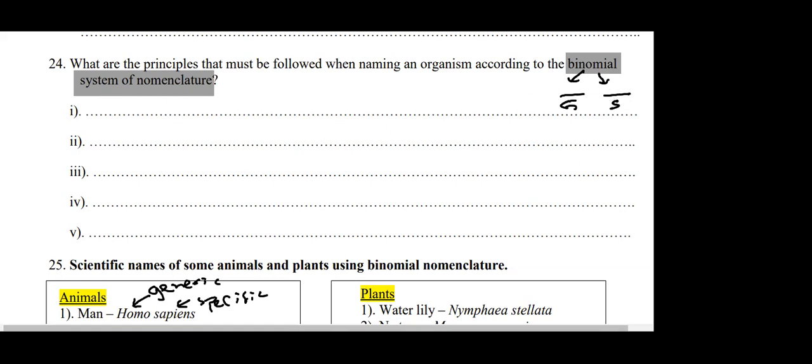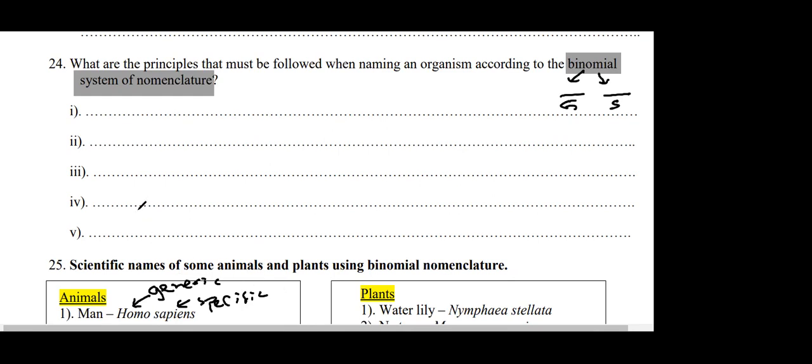When you are writing this name, there are some principles, some standards. One principle: the name should consist of two words, two proper nouns, and first you write the generic name. When printed, it should be in italics. In any scientific magazine or even in your textbook, the entire name should be in italics.